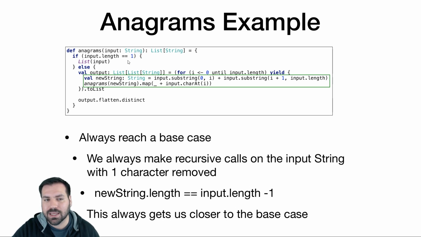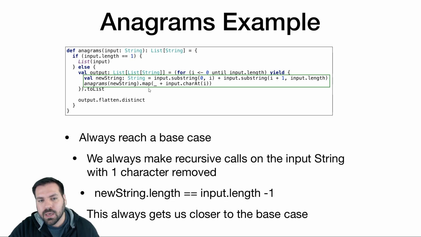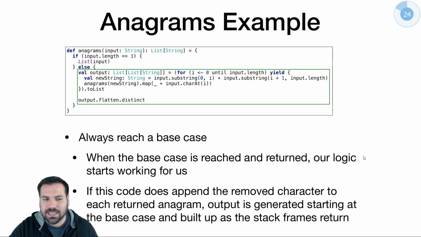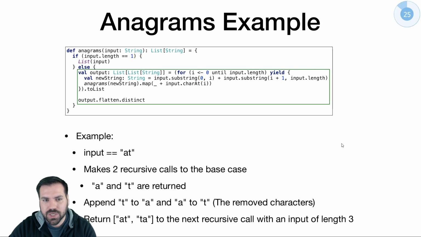Once the input length is 1, it will return the correct value. We know that. We have some kind of a seed to get started. We have something to grab onto. The base case will return the correct value. Now we just have to make sure that our logic is correct. We have to look at the logic of this and make sure that all this makes sense. So let's look at our logic and make sure.